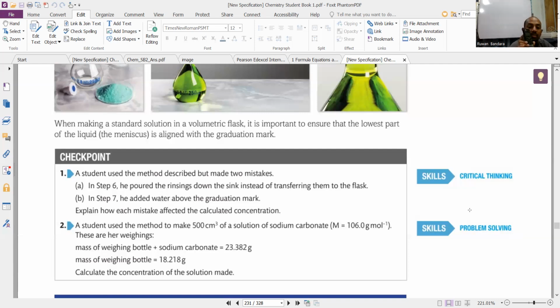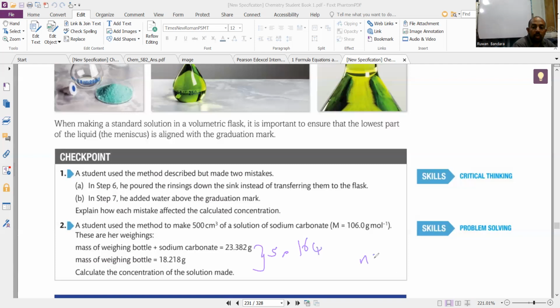So what did you do? First, I did subtract and find the mass of the solid that I have added, 5.164.